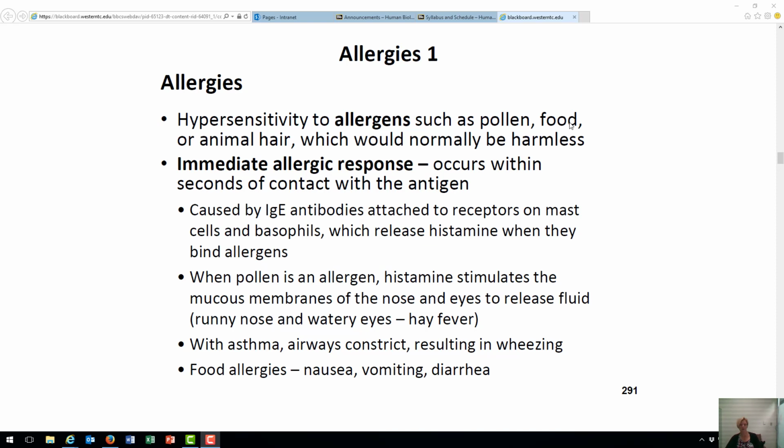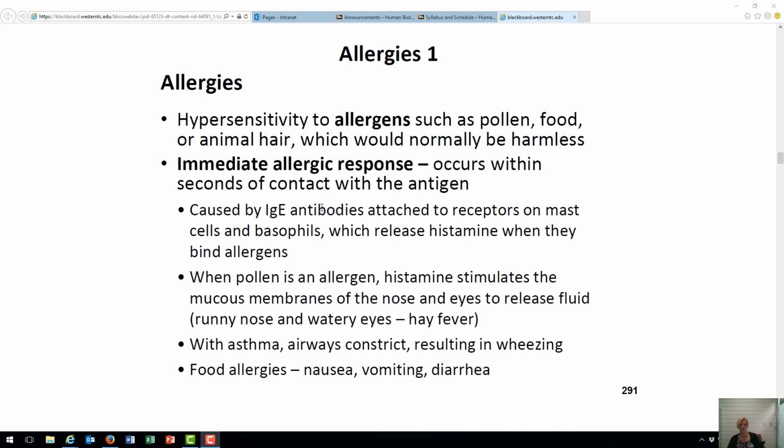Certain foods, we know that peanuts are a very highly sensitive protein which some people are allergic to, and it mounts that immune response, that inflammatory response. Animal hair, people that are allergic to dander, it's not specifically the hair, but it's the dander that is an antigen that is part of the skin of animals. The more animals shed, the more dander they typically produce. But these are things that normally would not be harmful in the environment, but for some people, their body mounts an immune response to those particles.